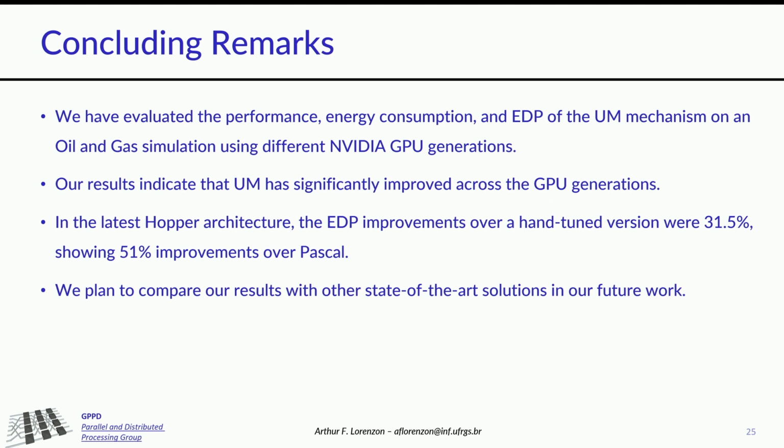So in this work, we have evaluated the performance, energy consumption, and EDP of the unified memory mechanism on the oil and gas application. And the results indicate that the unified memory has significantly improved across the GPU generations. And as future work, we plan to compare the results with other solutions and also to improve the range of architectures that are being used.